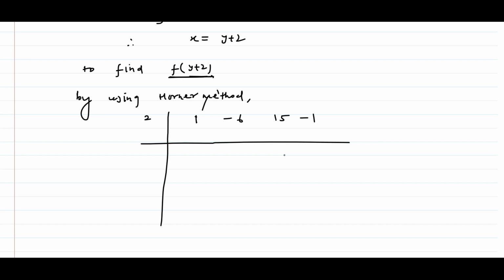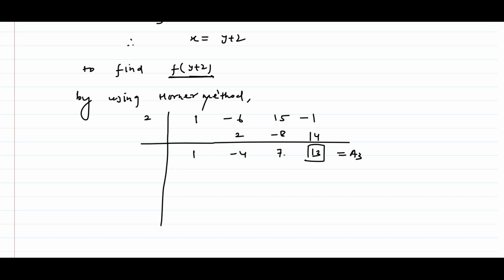By comparing, we can find the value of s, that is 2. And here will be 1. 2 multiplied by 1, that is 2. That is negative 4. 2 multiplied by negative 4, that is negative 8. Here will be 7. 7 multiplied by 2, that is 14. That is 13.